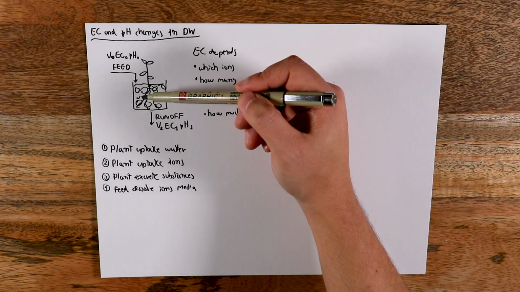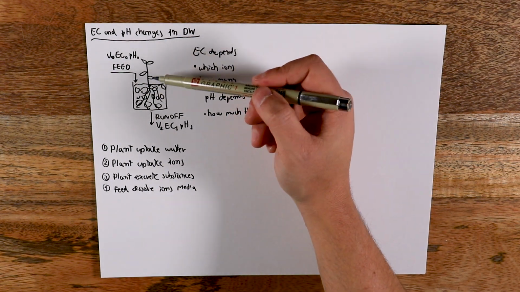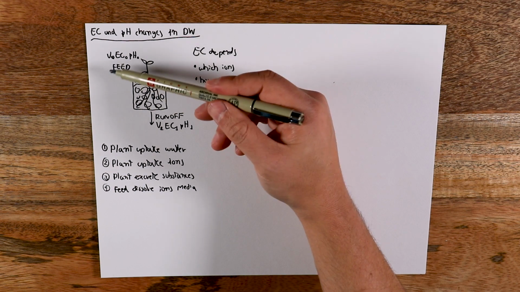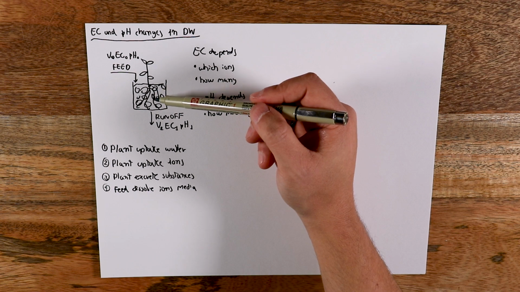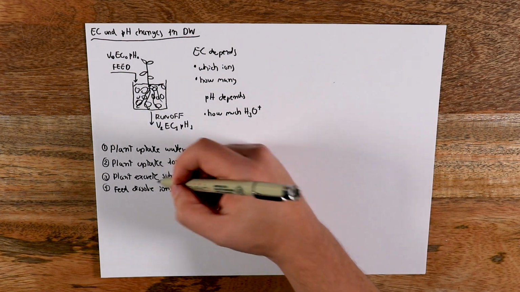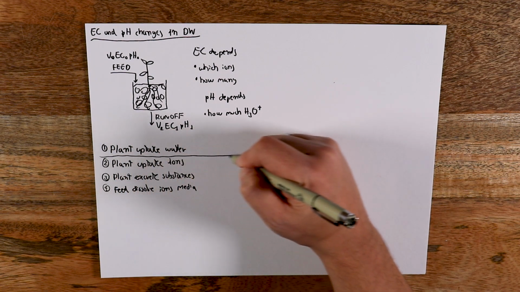So whenever you feed, water evaporates or water is uptaken by the plant, and therefore you have salts left here. And then when you feed again, these will redissolve and will contribute to change the EC or the pH. So now let's discuss how these four things affect the pH and the EC.